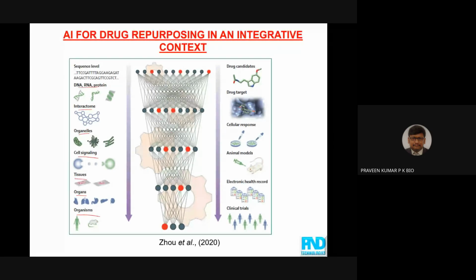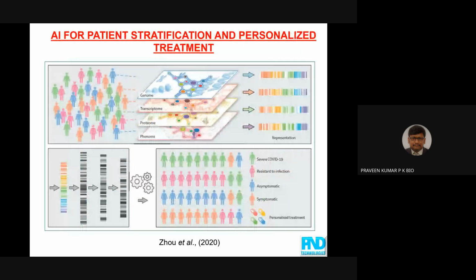From an image or even from a sequence, one can come up with a base drug for the stage of cancer for a particular patient. Multiple hidden layers are used in machine learning techniques. Hidden Markov models can be used, or neural networks can be used.